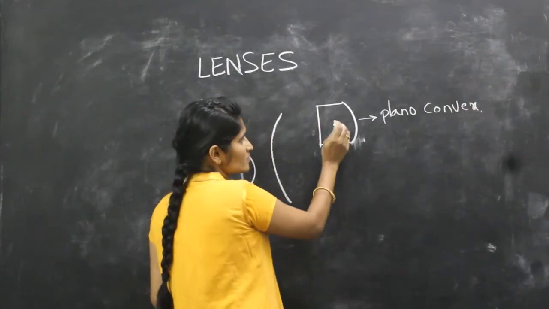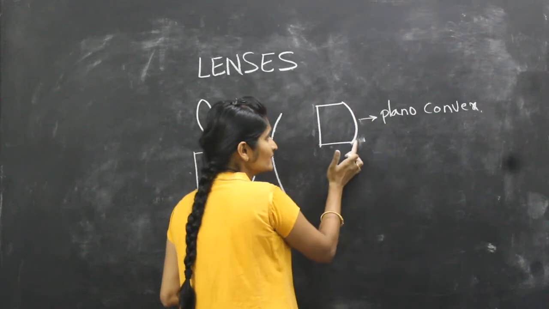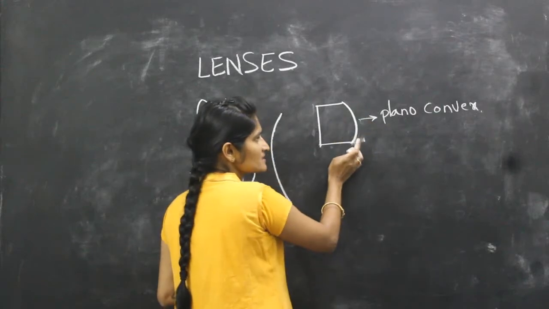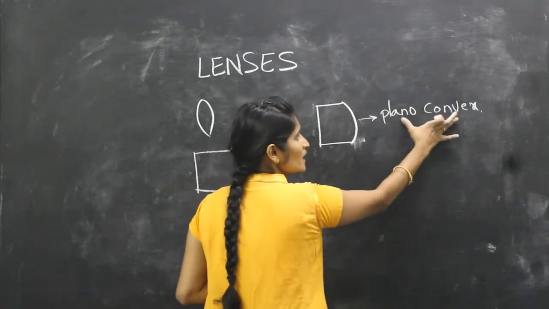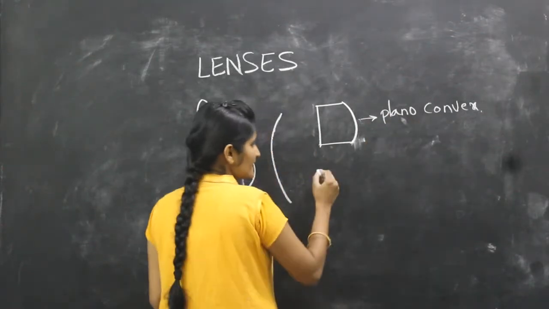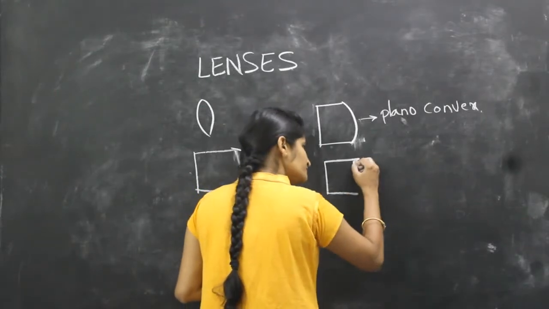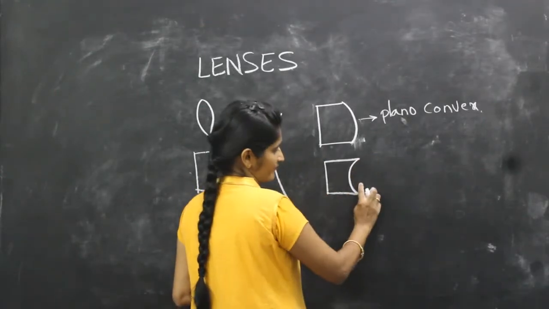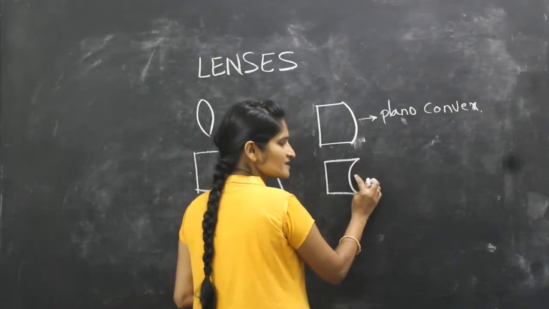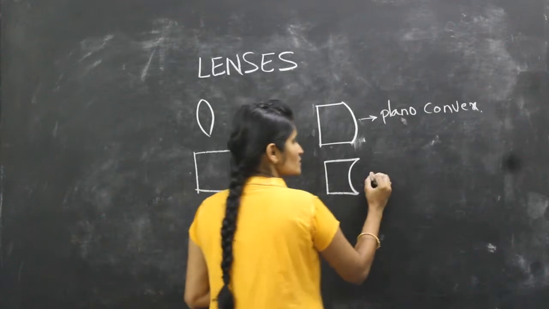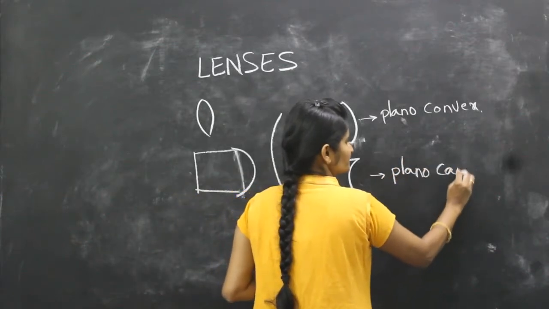This lens has one plain surface and one curved surface, and the curved surface is convex in shape. That's why it is called plano convex. Next I am taking one plain surface and a concave. This is a curved surface in the shape of a concave, so it is called plano concave.